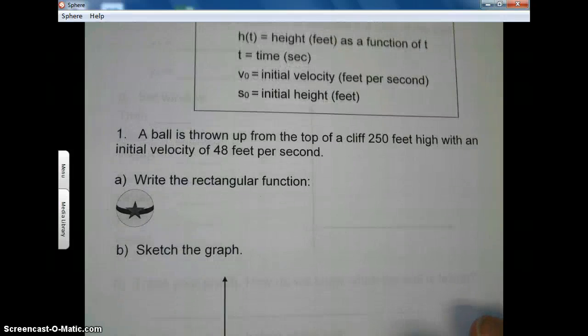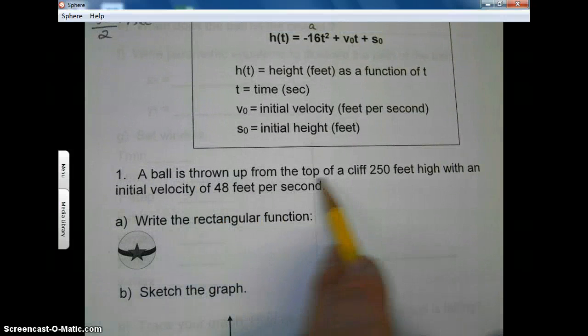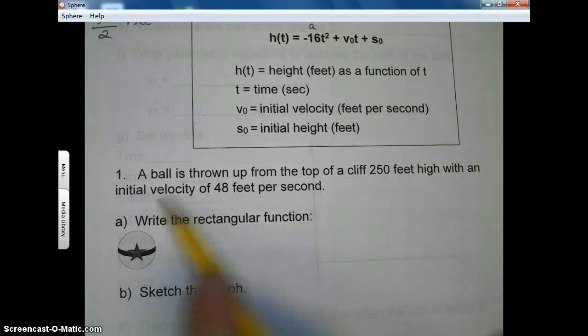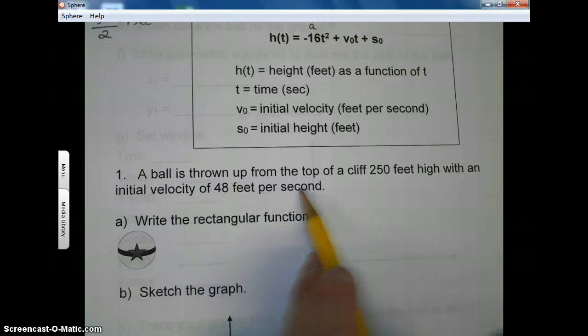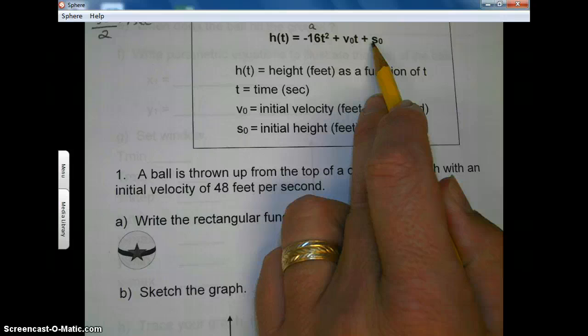So let's look at this problem. A ball is thrown up from the top of a cliff, 250 feet high, with an initial velocity of 48 feet per second. So basically all we have to do is plug in our numbers.